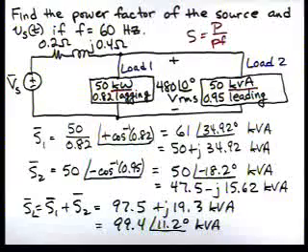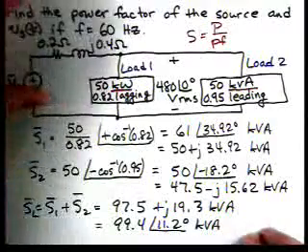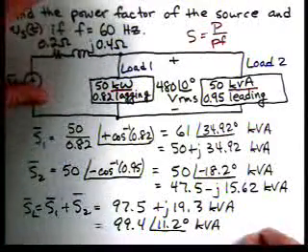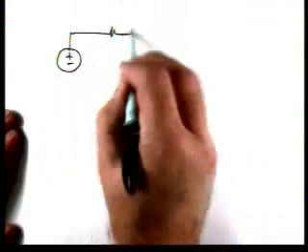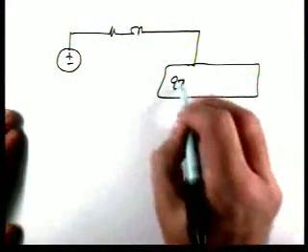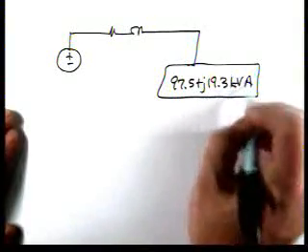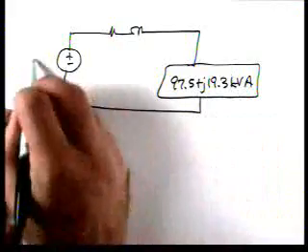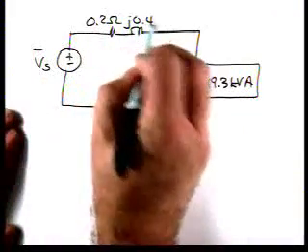Okay, so now we've really rearranged our circuit to be this. Here's Vs. We've got 0.2 ohm plus j 0.4 ohm.